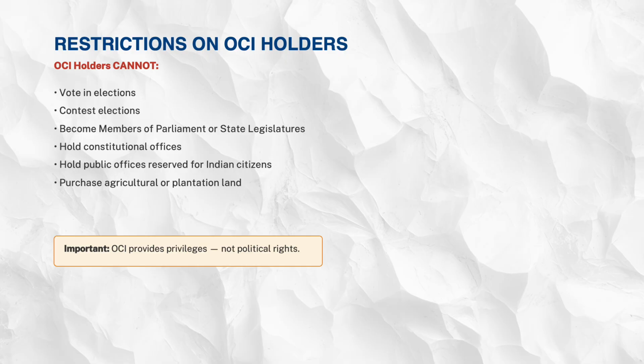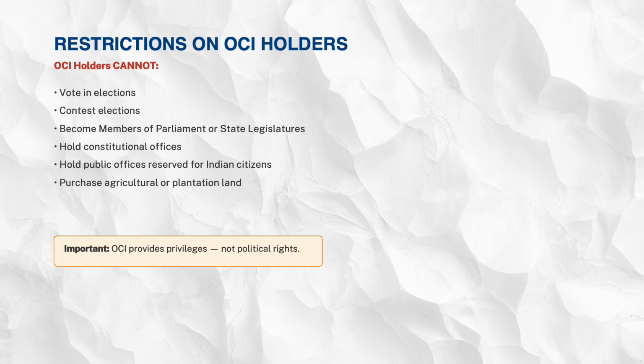Now, there are certain restrictions on OCI holders. Like I mentioned, OCI holders cannot vote in elections, they cannot contest elections, they cannot become members of parliament or state legislature, they cannot hold constitutional offices, they cannot hold public offices reserved for Indian citizens.